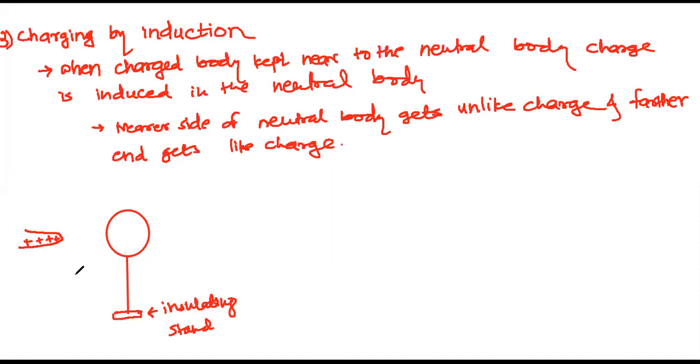So when we are bringing it near, what happens? This is positive charge, so on this side you will get all negative ions, and on the further end you will get all positive ions. This side positive, this side negative.